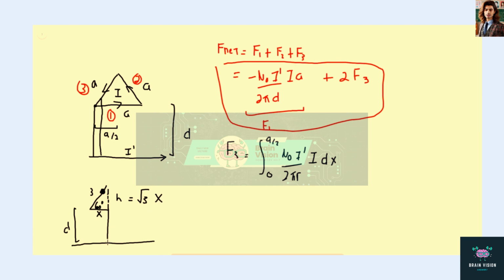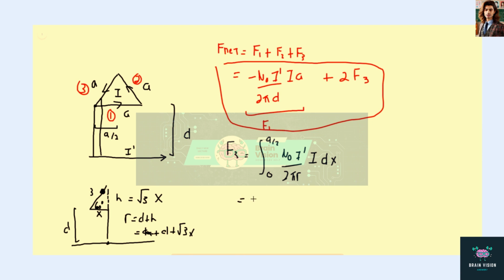So that means r, our total distance from the wire up to this point here, is just d plus h. So that will be d plus root 3x. Now we substitute that in for r over here.